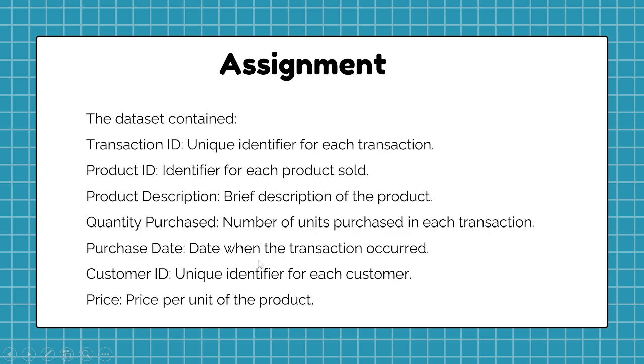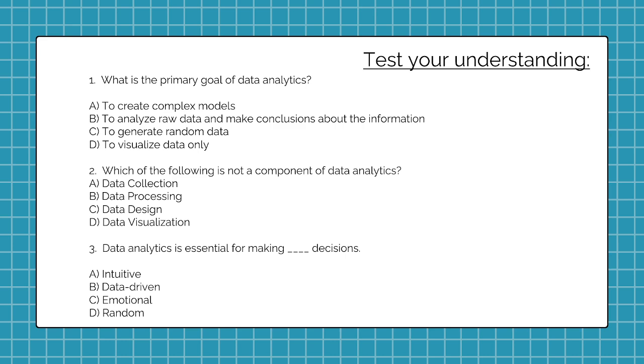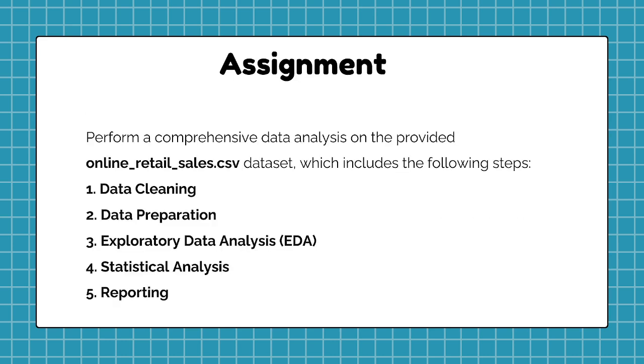Okay, so the data set contains transaction ID, product ID, product descriptions, quantity purchased, and then purchase date, customer ID, and also price for the product. Okay, so this price will be price per unit, right? Okay, so let's see the data, which is online retail sales.